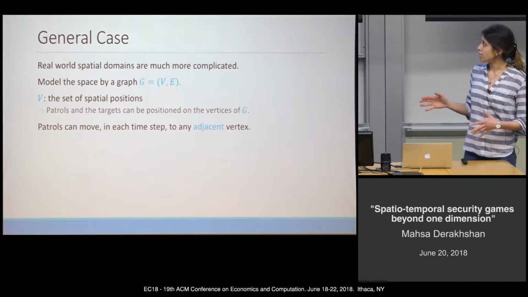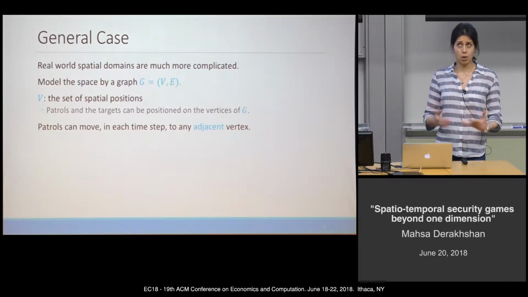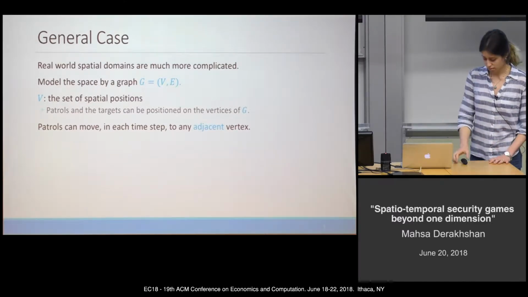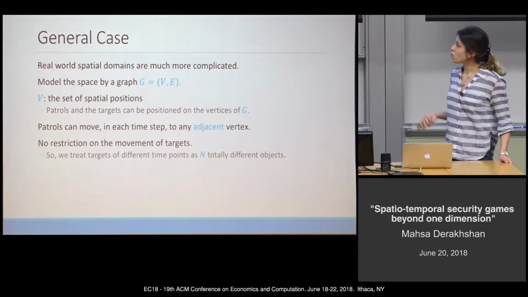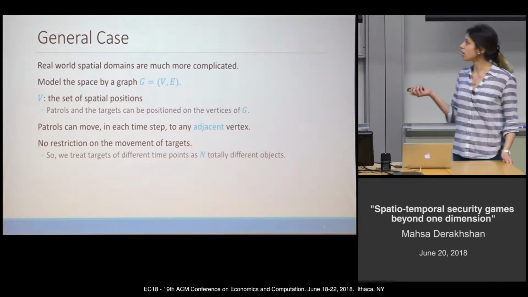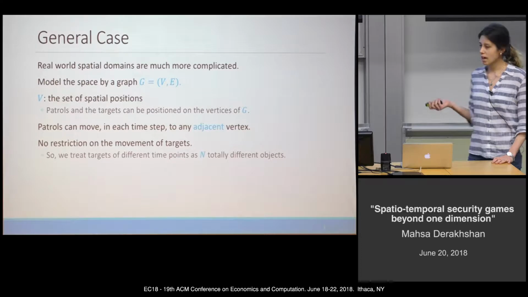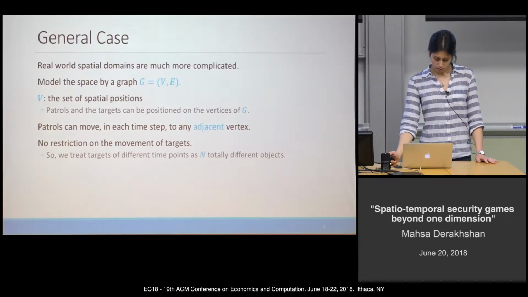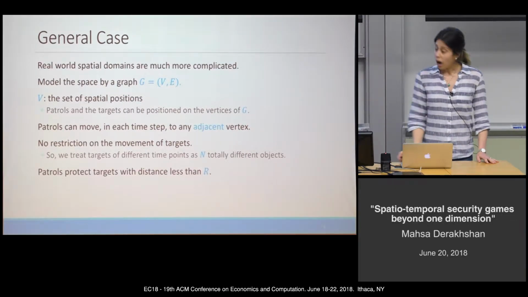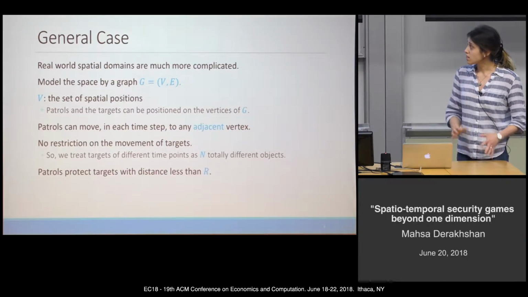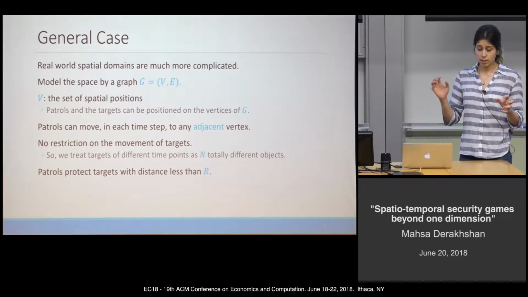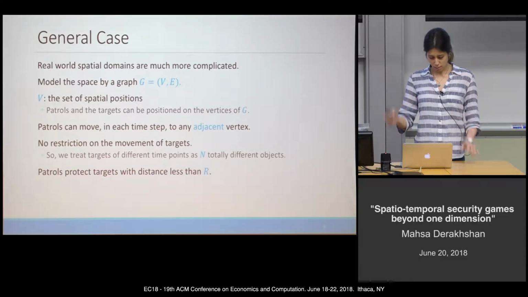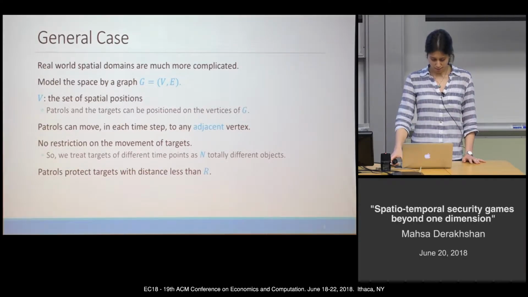Also, edges of this graph show how patrols can move, but targets are not restricted to edges. Because of that, we treat targets at different time points as totally different objects. Also, a target can be protected by a patrol if their distance is at most r, the number of edges on the shortest path between them.